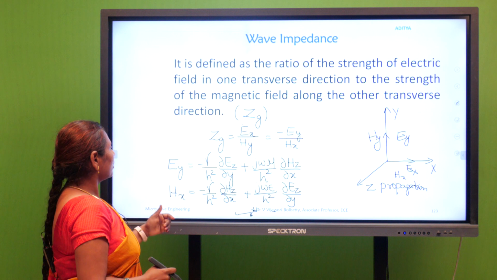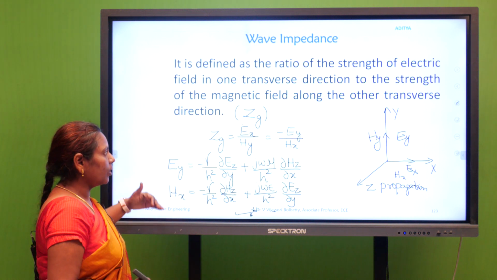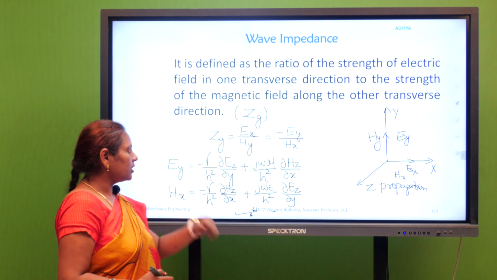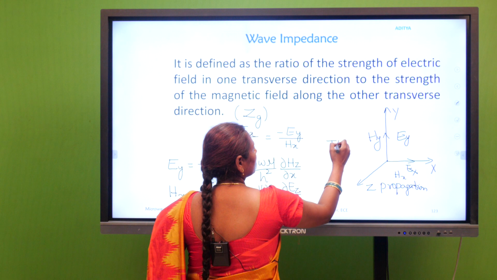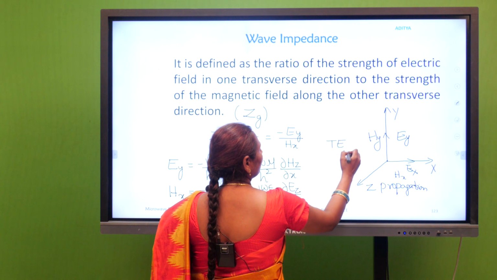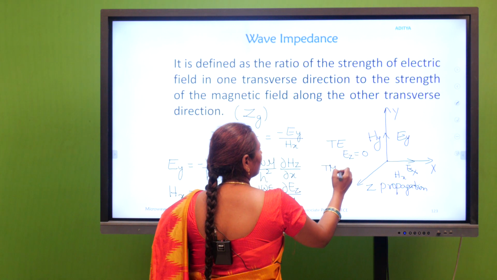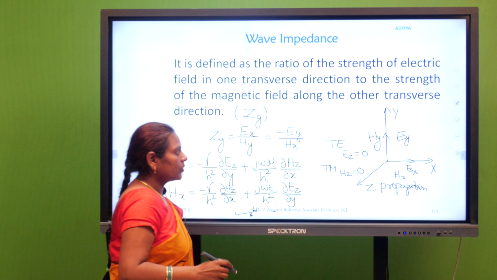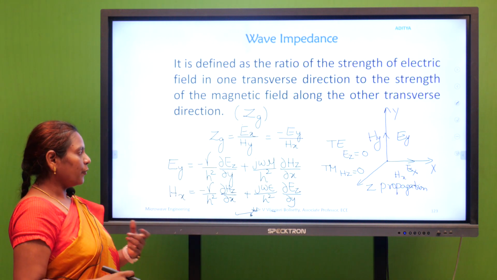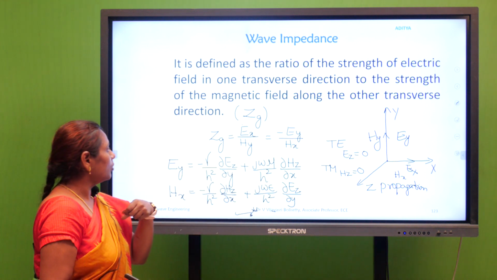So these are the relations we have, and depending on the TE mode or TM mode, if it is TE, for TE transverse electric mode, Ez field component is 0, and for TM mode, Hz field component is equal to 0. Okay. For example, if we consider the wave for TE mode, then Ez is equal to 0.